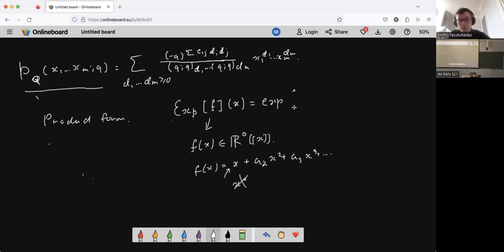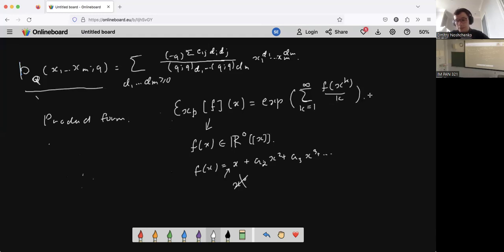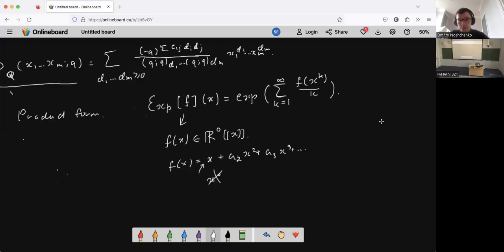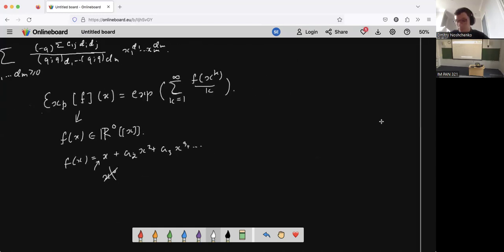So we take a usual exponential and write here the summation over k from 1 to infinity, and we write f evaluated at x^k divided by k. So this can also be rewritten.